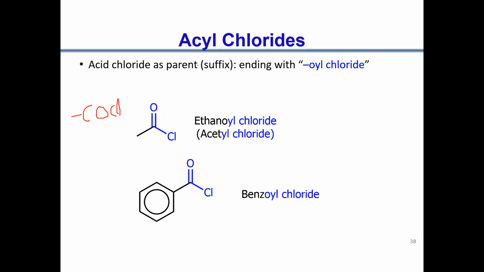Even the acyl chloride, I don't see any compound in the entire biochemistry where I encountered acyl chlorides. You have an alkyl or an acyl group over here. So these are the acyl chlorides. And this is benzoyl chloride.